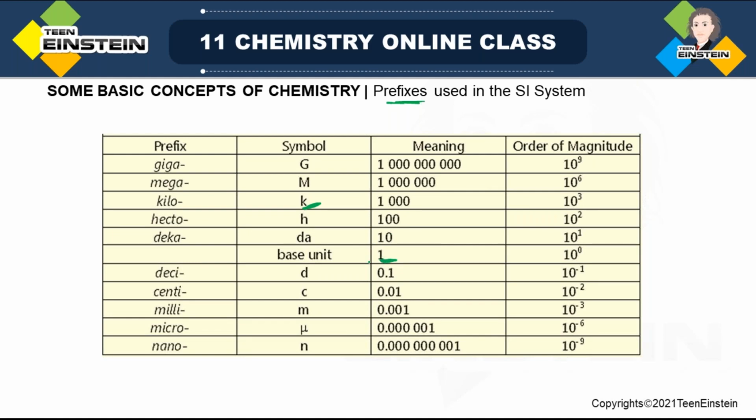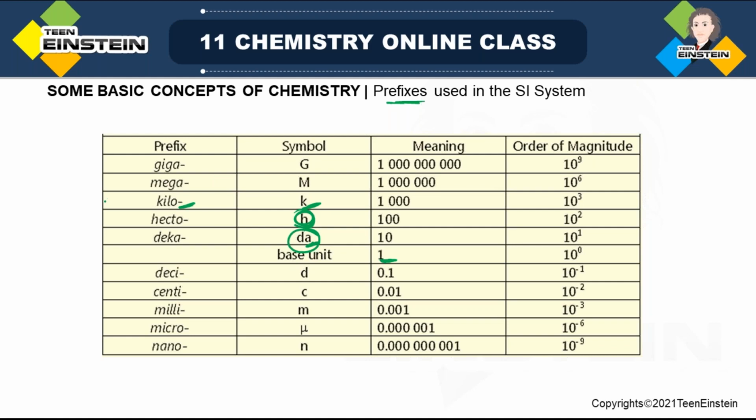Okay, now when it is 10 times, then we use deca, or the symbol is da. So these symbols are now used before the actual unit symbol. Then when it is 100 times, it is hecto, h, though hecto, deca, it is not very common, but you know kilo is very common.